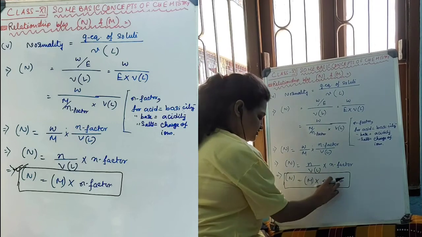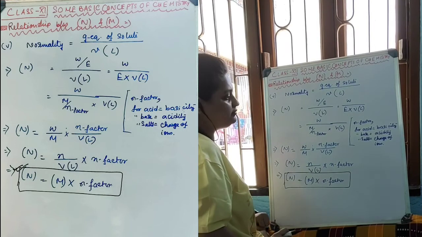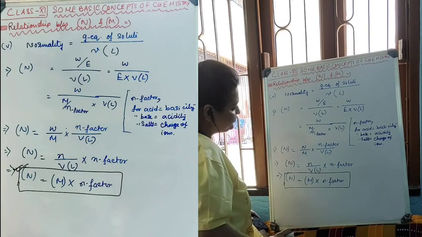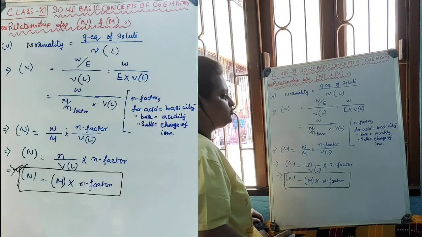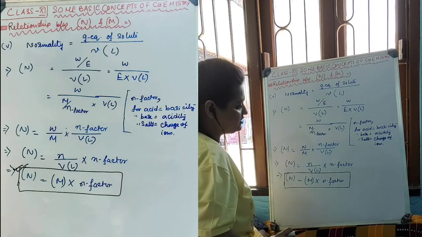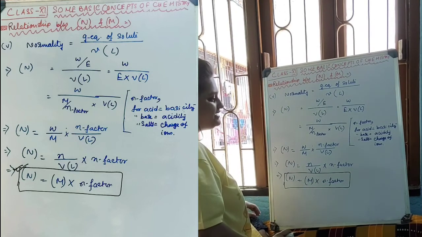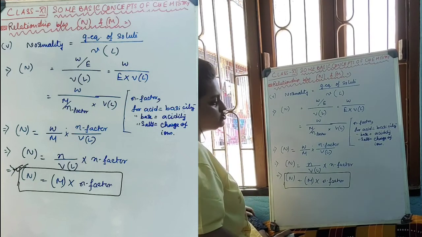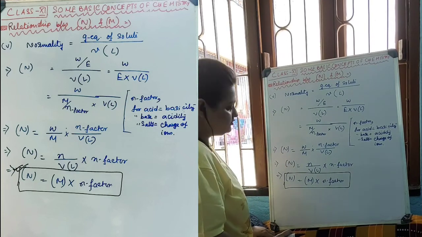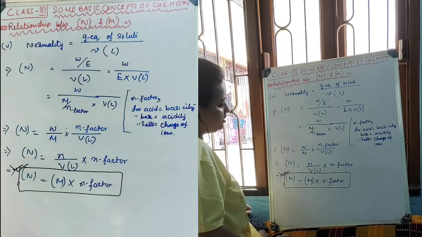For an acidic solute, the N factor will be the basicity of that acid. If the solute is basic in nature, the N factor will be the acidity of that base. If the solute is a salt, the N factor will be the total charge of the cation. This is the relationship between the normality and molarity of any solution.